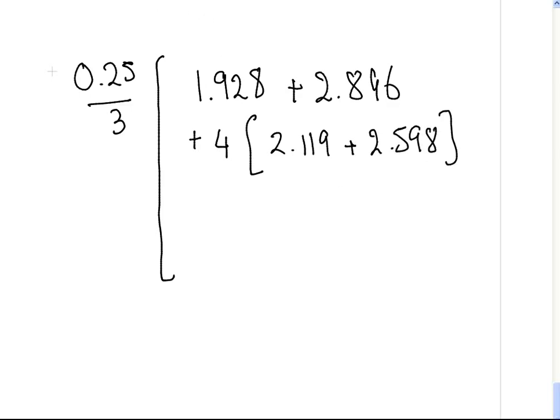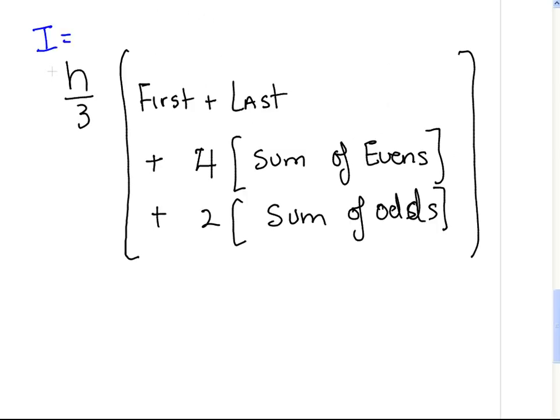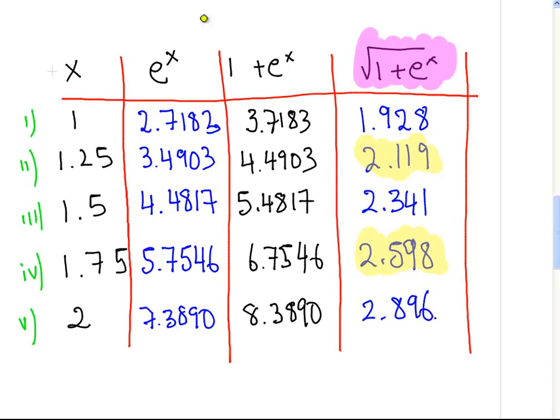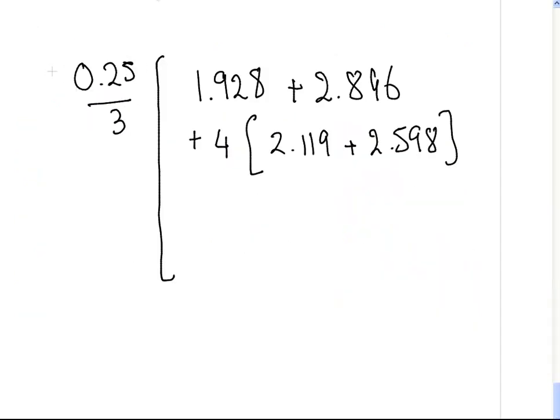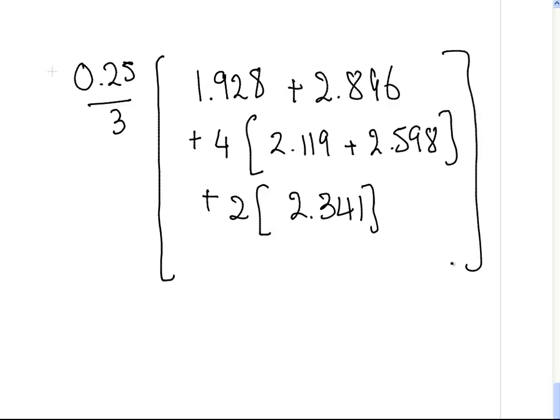Now 2 times the sum of the odds, and this is the only odd one here. We don't include the first or last one as an odd for this algorithm. So this is 2.341. There's only one value here, but it could be longer. So that is our integral.